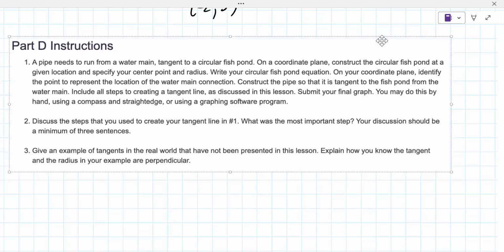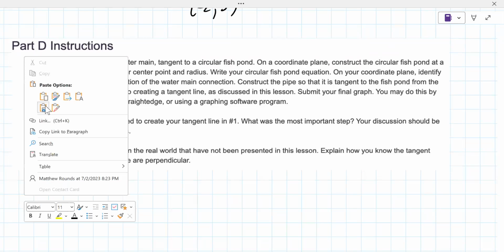Let me put the answers that I put for 2 and 3 in the chat. So here's the answer that I gave for number 2, and this is the answer that I gave for number 3.